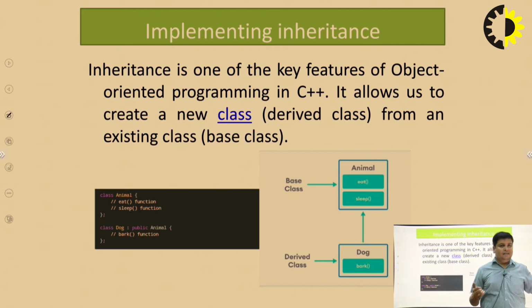Suppose the manager class is independent and the clerk class is independent, but some methods are useful for the clerk class too. In that case, why should we rewrite them inside the clerk class? We just inherit the manager class, and whatever methods we require, we can easily access.